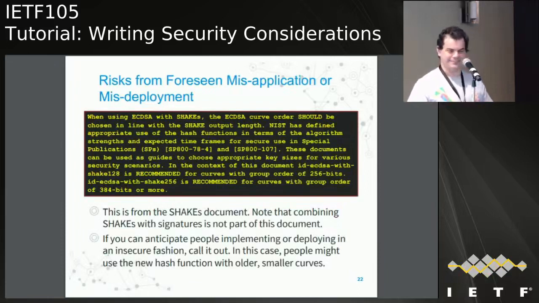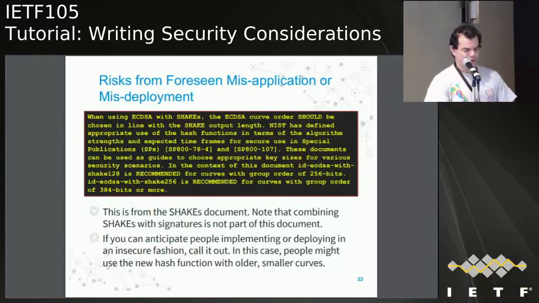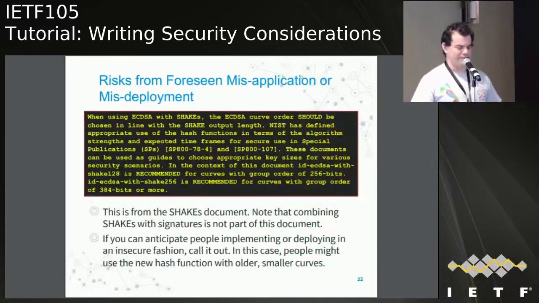So this is an excellent document that provides us both with a good example, this one, and a bad example that we'll see later. So when using ECDSA with Shakes, the ECDSA curve order should be chosen in line with the Shake output length. NIST has defined the appropriate use of the hash functions in SP 800-78.4 or SP 800-107.